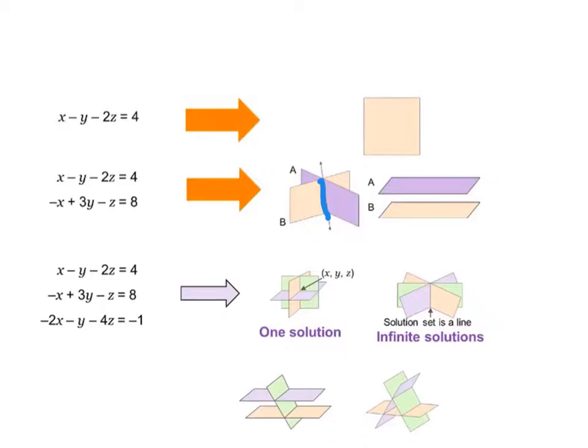Now, if you add in that third equation, then you add in a third plane, and you're looking for a point of intersection. And that's one solution, and both of these are consistent.